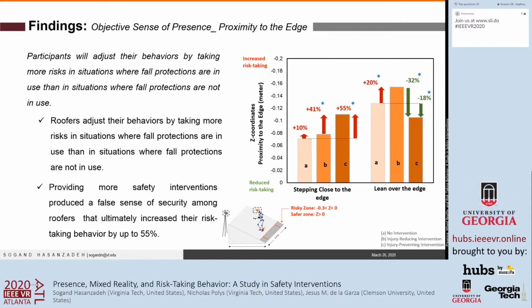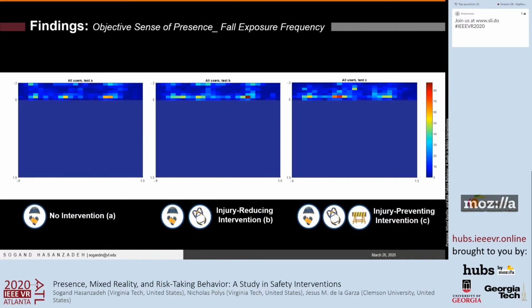But they introduced new risk because they over-relied on the safety intervention, which is the guardrail, and leaned on the guardrail toe board. The guardrail was not designed to tolerate that, and we had some cases where the guardrail failed because of the over-reliance on this safety intervention.